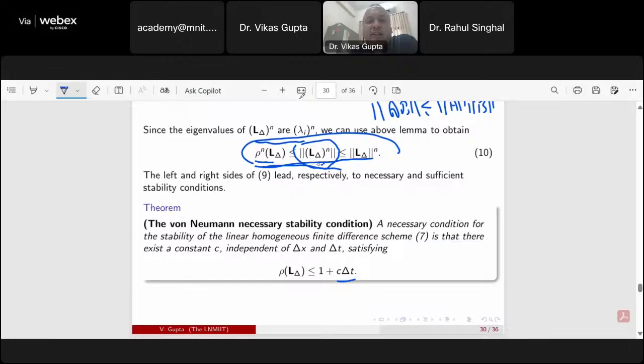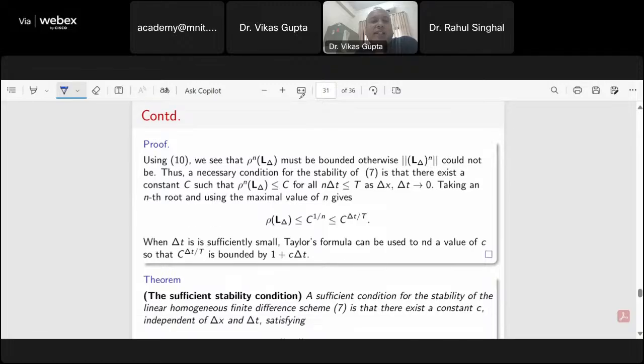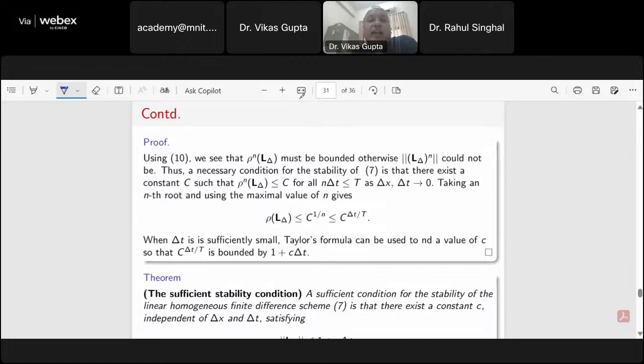So the necessary condition for this term to be bounded is that the nth power of the spectral radius of L delta should be bounded. Am I right? So using 10, we see that the nth power of the spectral radius of L delta, that is rho to the power n, must be bounded. Otherwise, this term could not be bounded.